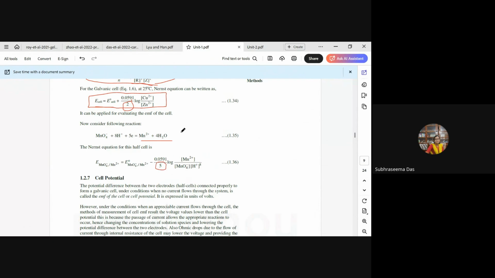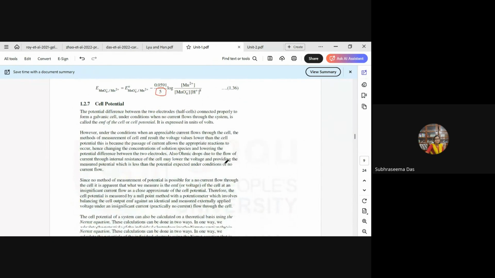So why is this 5 taken? Here 5 is taken because five electrons are involved. Then the concentration of Mn2+ over the concentration of MnO4- and the concentration of H+ raised to the power 8. So this is how we can apply the Nernst equation in calculating the cell potential.